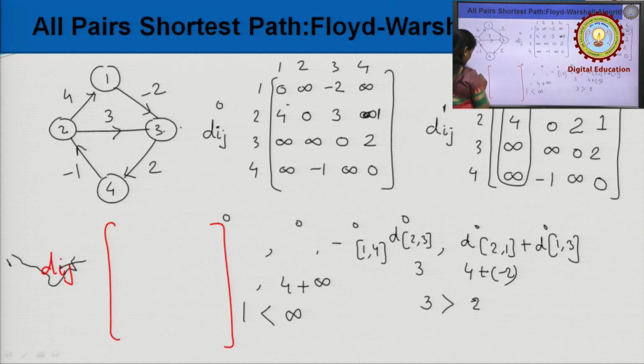Dij via vertex 2. The rows and columns are labeled with the number of vertices.